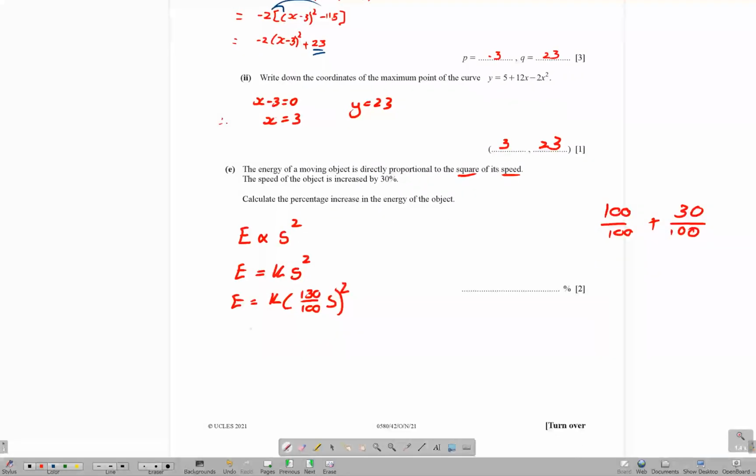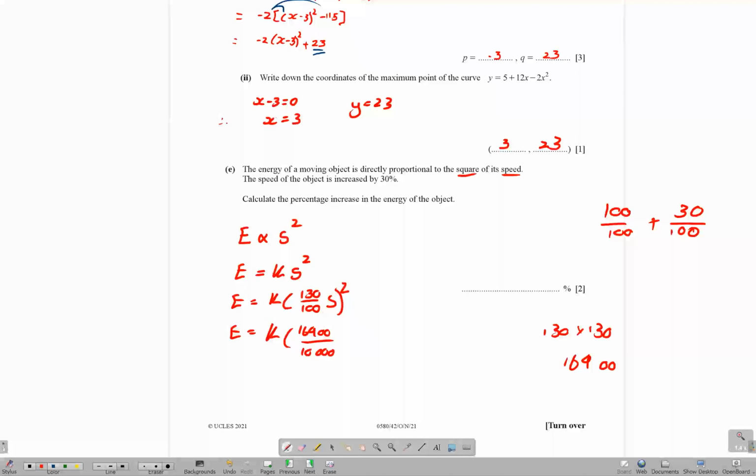Okay, so if we simplify this, let's see what happens. We will have E is equal to k times, now 130 squared is just 130 times 130, and that is 16,900. Okay, so here we have 16,900 divided by, and then 100 squared is just 10,000.